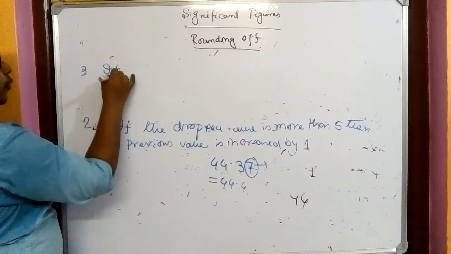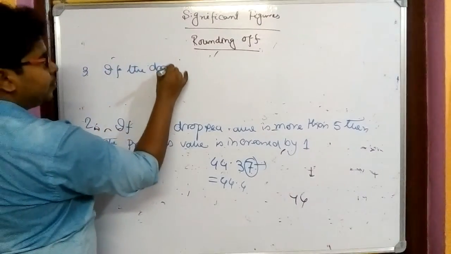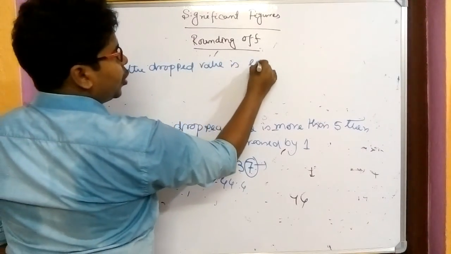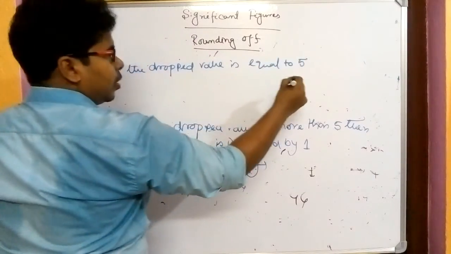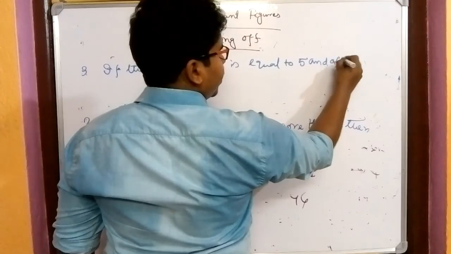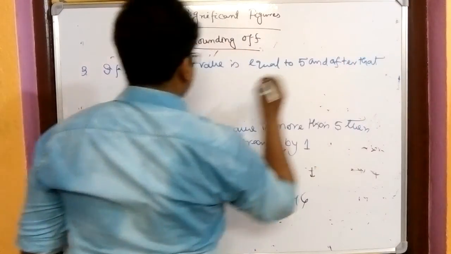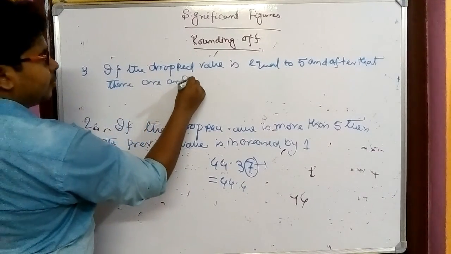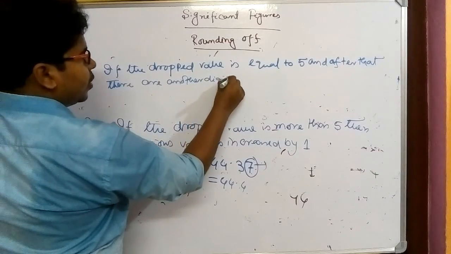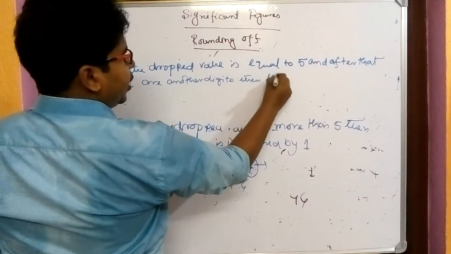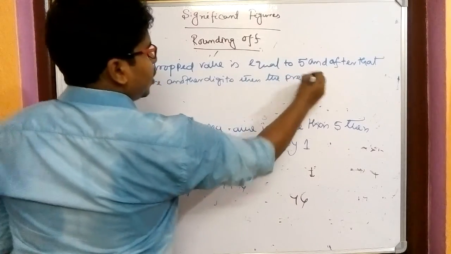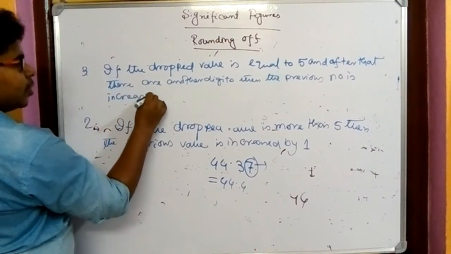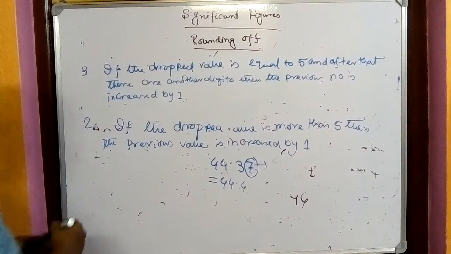Number 3: if the dropped value is equal to 5 and after that there are other digits, then the previous number is increased by 1. That also we have seen.